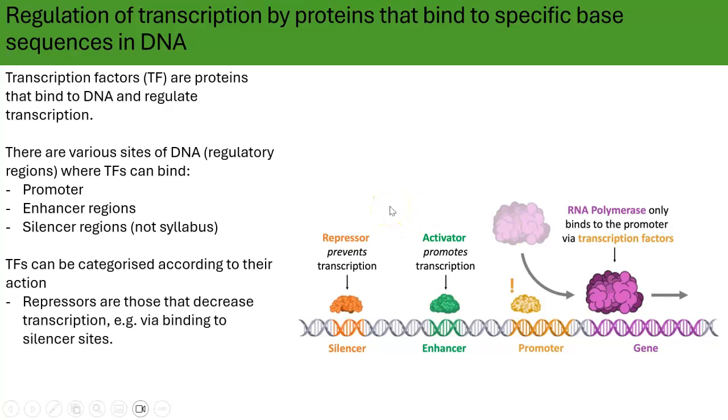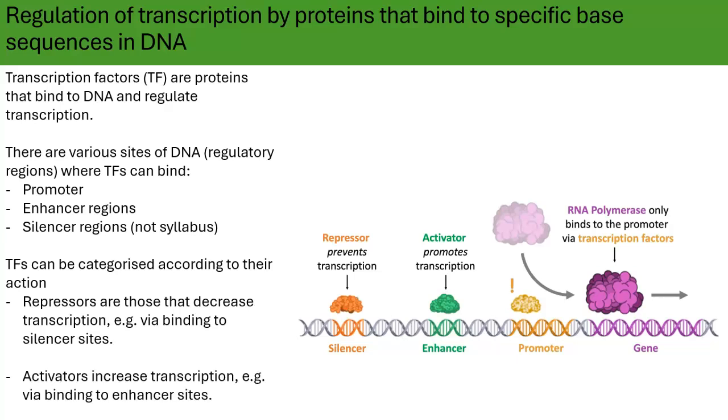So any individual transcription factor can be categorized according to their action. So repressors are those that decrease transcription, and they typically do this by binding to the silencer sites, whereas activators instead increase transcription by binding to enhancer sites. So that's how those work.